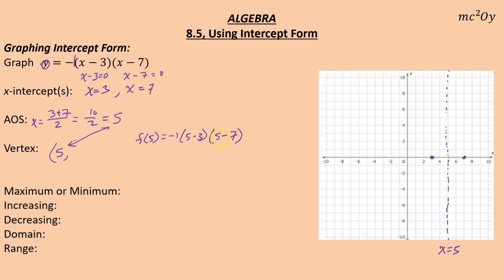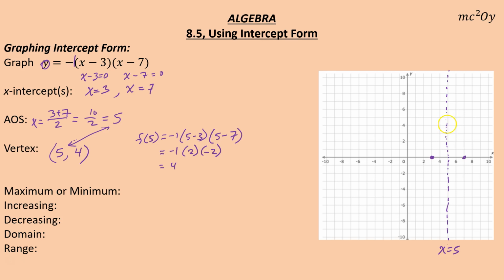I'm just putting 5 in here and here. I'm showing my work. So that gives me negative 1 times 2 times negative 2, which gives a grand total of positive 4. So the y value is 4. Here we go, (5, 4).